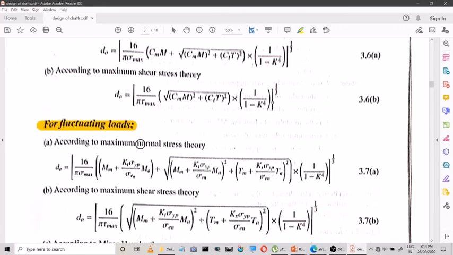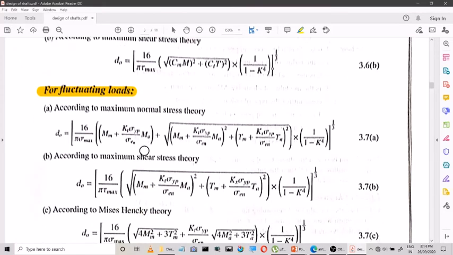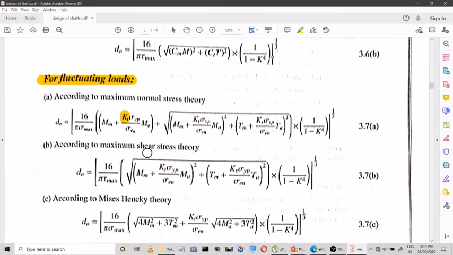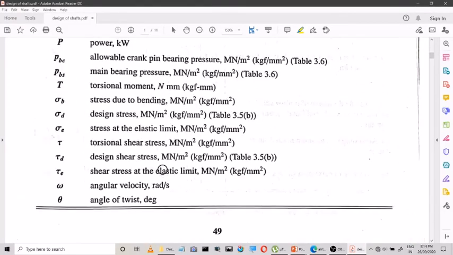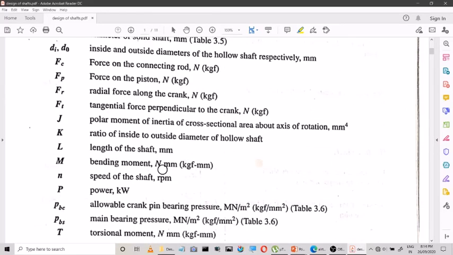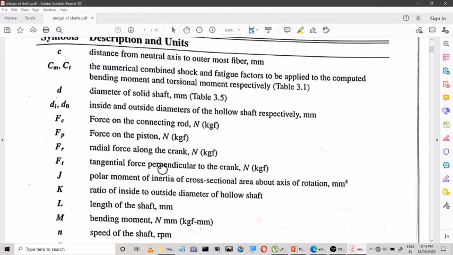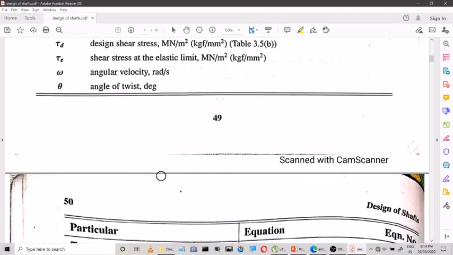If it is subjected to fluctuating loads, you need to find the value of KT.